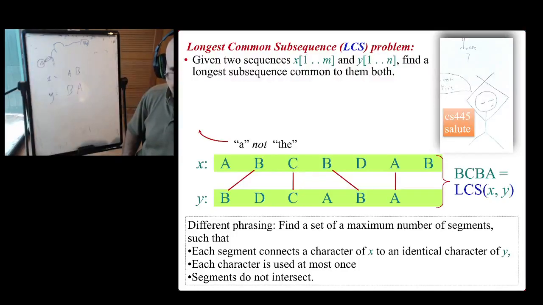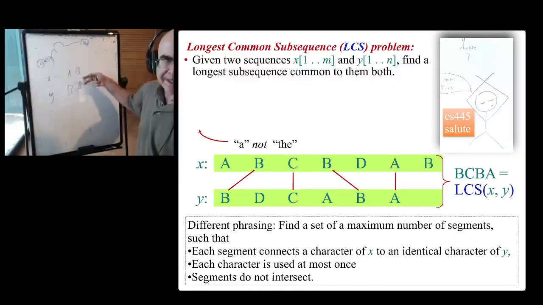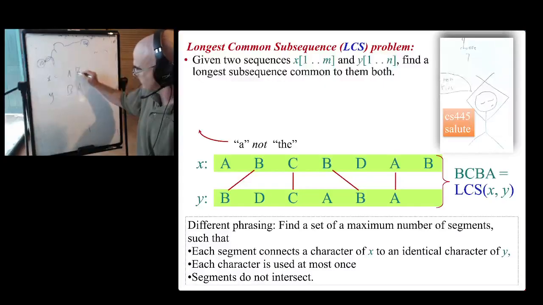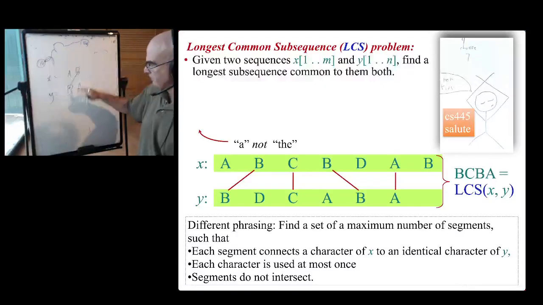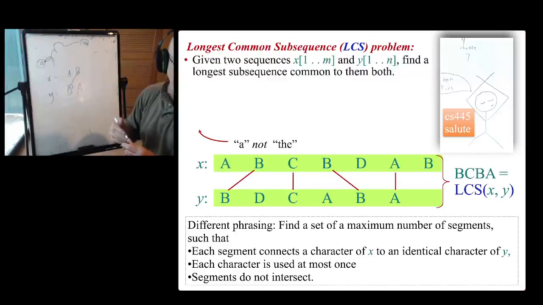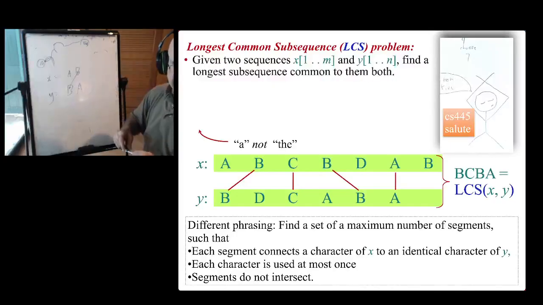The length of 1. I can remember, a subsequence has the order implicit in it. I cannot change the order. So I can match the B to the B, but then I cannot match the A to the A. Or I can match the A to the A, but then I cannot match the B to the B. Definitely the LCS is not AB because it has a different order than BA.